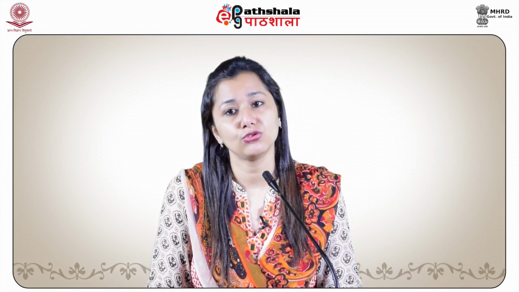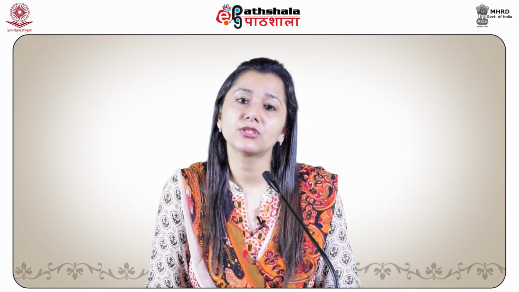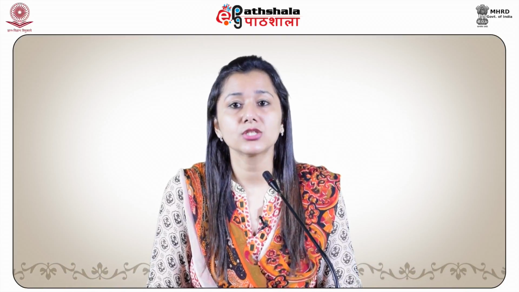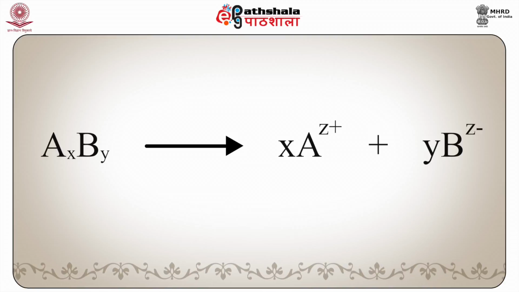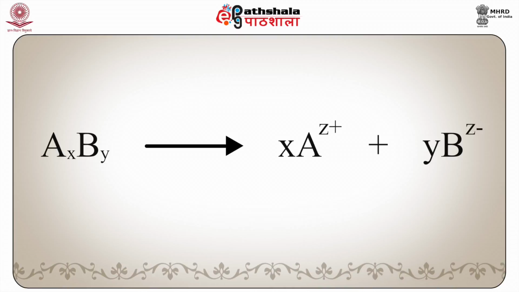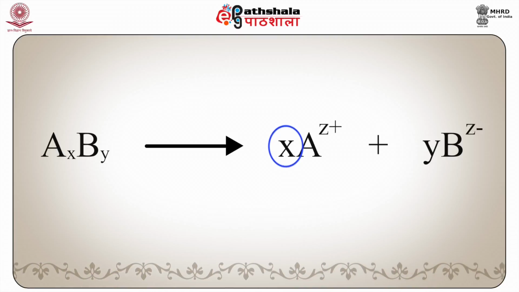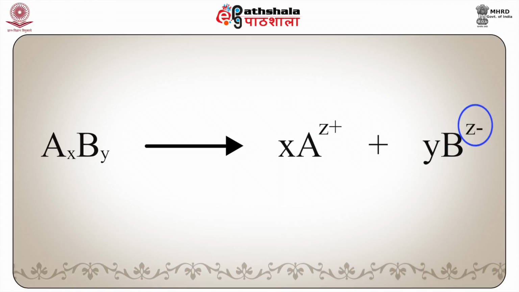Now we shall talk about ionic activity. Ionic activity has more importance in the case of ionic solutions or electrolytic solutions than in the case of non-electrolytic solutions. This is due to the presence of strong interactive forces among ions in electrolytic solutions. For an ionic solute of the type A_xB_y, which dissociates completely according to the equation A_xB_y giving xA^(z+) plus yB^(z-), where x is the number of cations with charge z+, and y is the number of anions with charge z-.